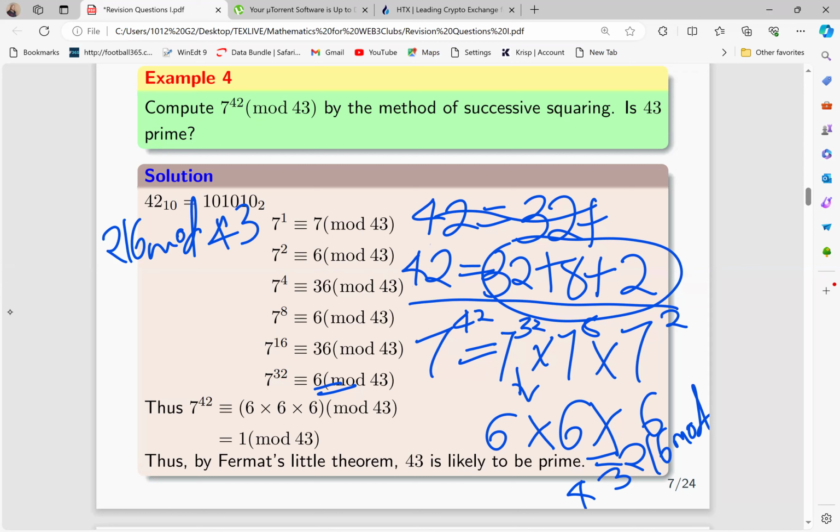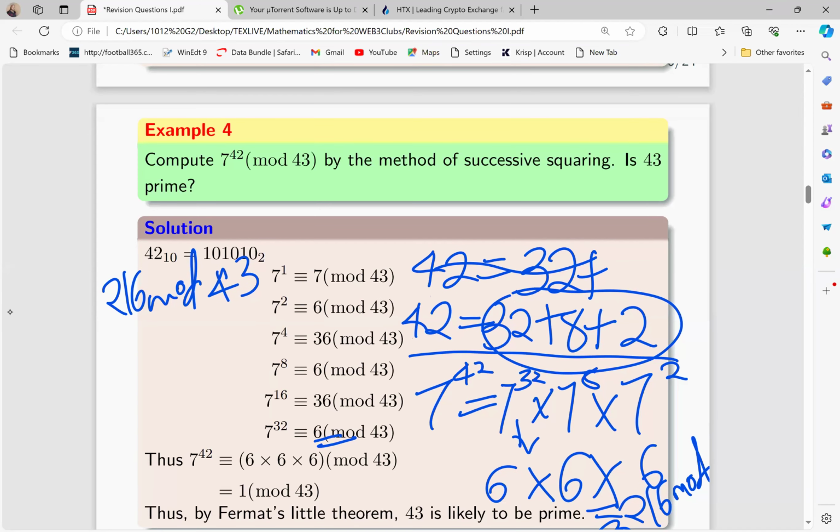Divide by 43, 5 times, and you get your answer as 1. So when you rewrite it, you get 7 power 42 is congruent to 1 mod 43.